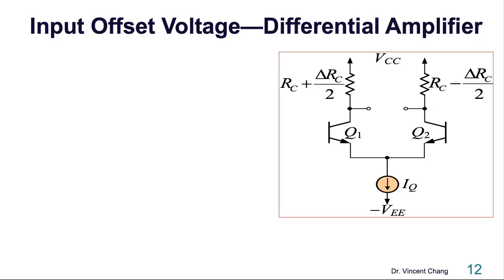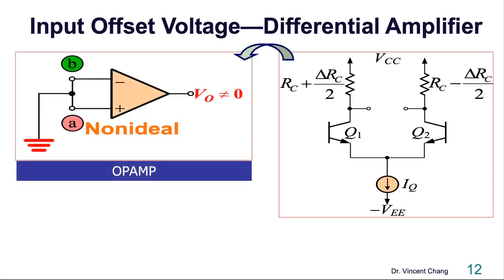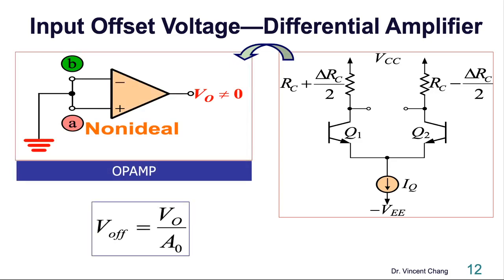The question I just raised is a good test to ensure you really grasp the concept and really know how to deal with this issue. So how to formulate the input offset voltage of the differential amplifier? Number one, grounded. The input terminals should be connected to DC ground.